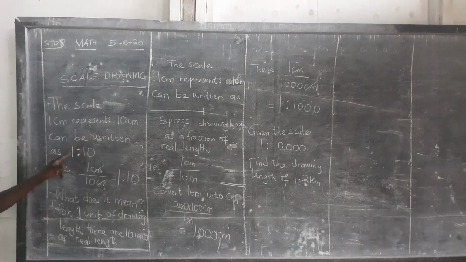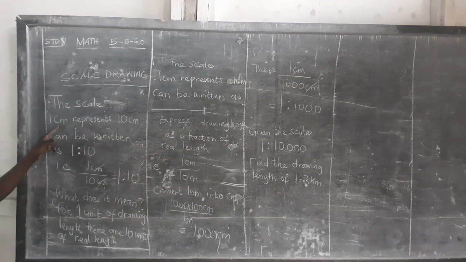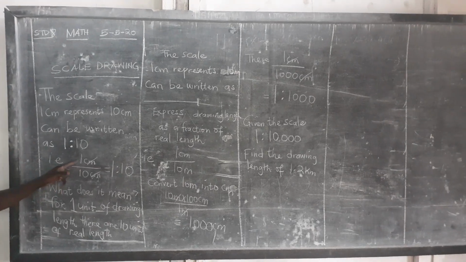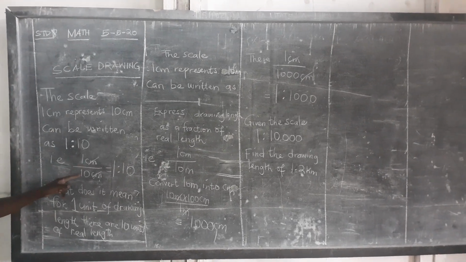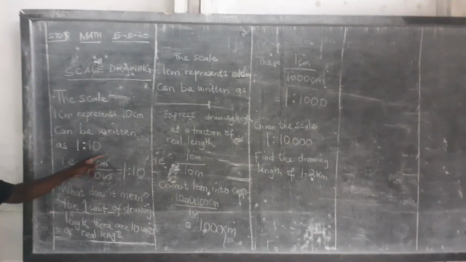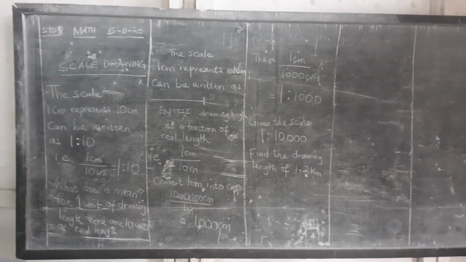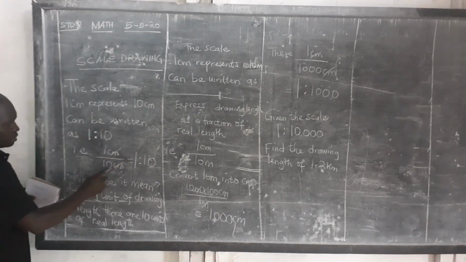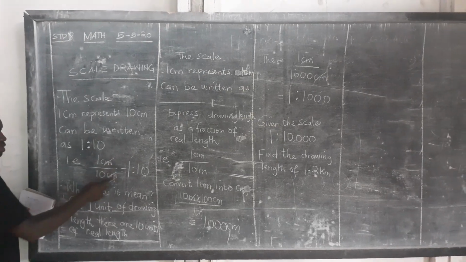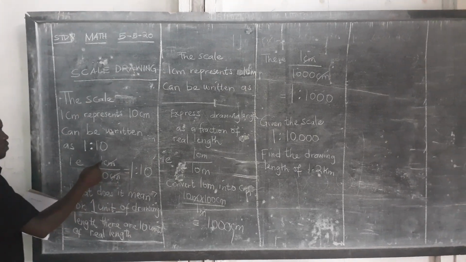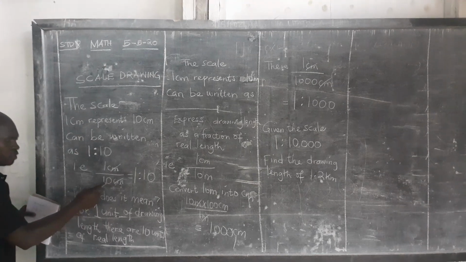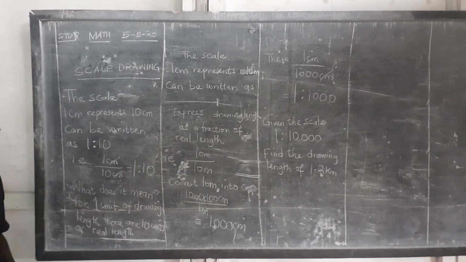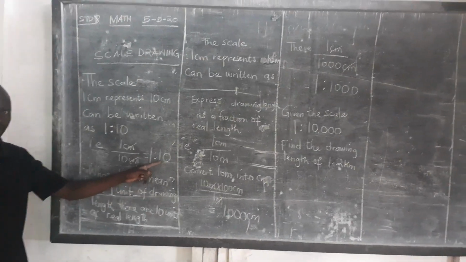This is the drawing length, and this is the real length. If we write it as a fraction, we are going to have 1 centimeter over 10 centimeters. Centimeter will cancel centimeter, and therefore we are going to have 1 over 10. So we write 1 ratio 10.